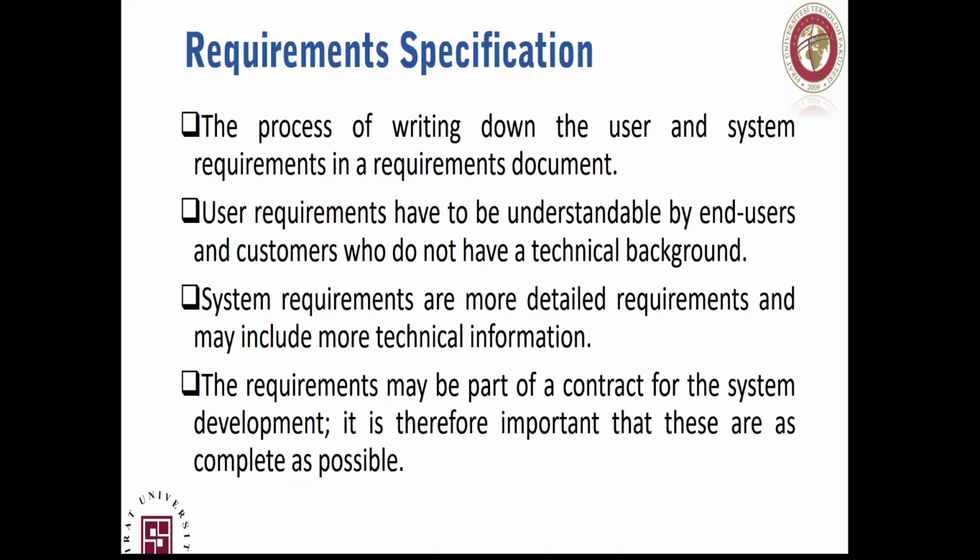We need to see what the user requirements are, and you remember from previous parts we explained that user requirements tend to be less technical and less detailed than system requirements.